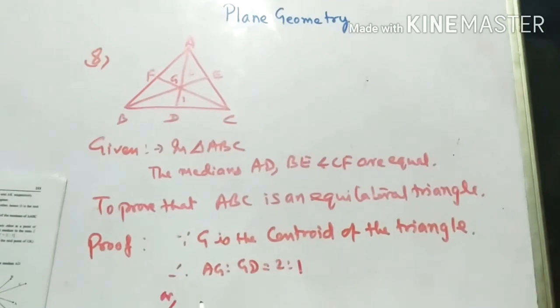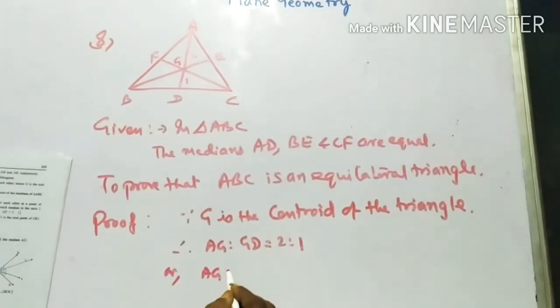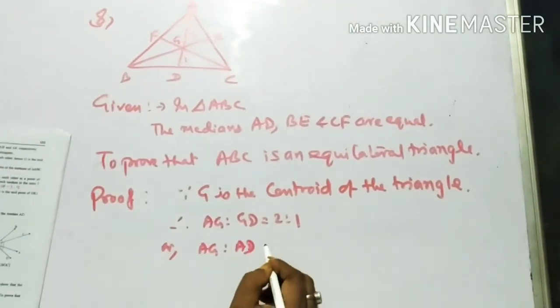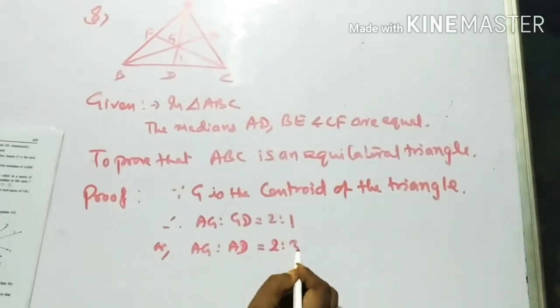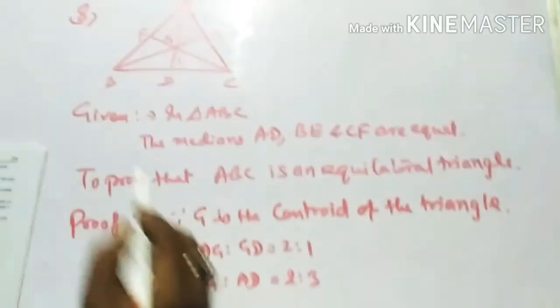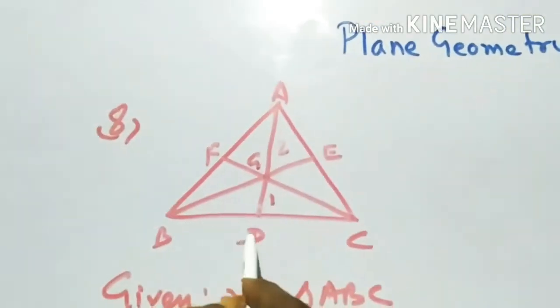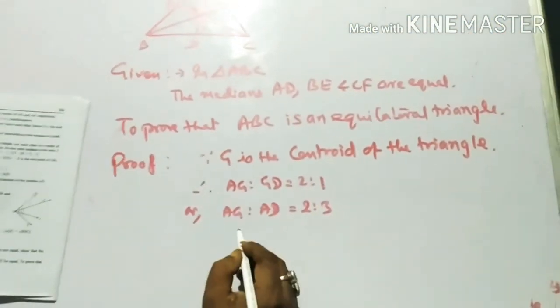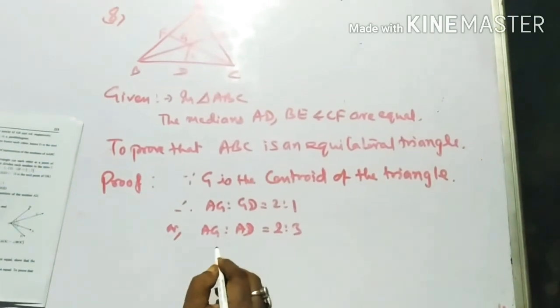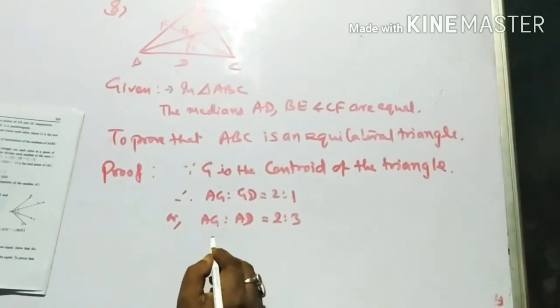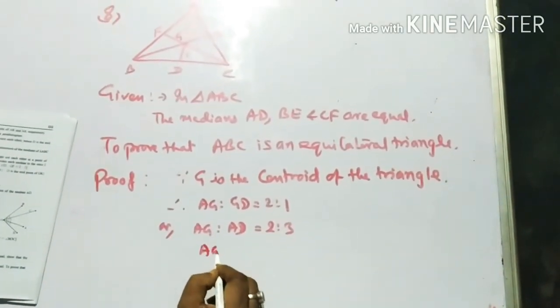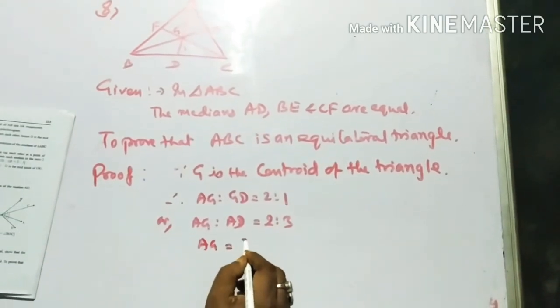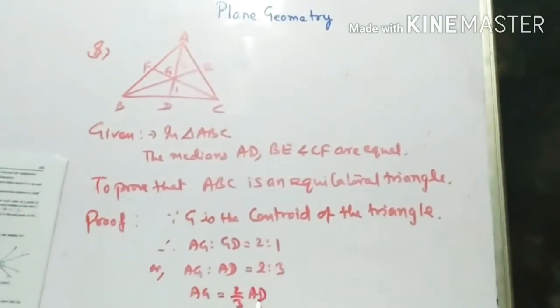Or I can say AG is to AD is equal to 2:3. So now I can write this as AG is equal to 2/3 AD.